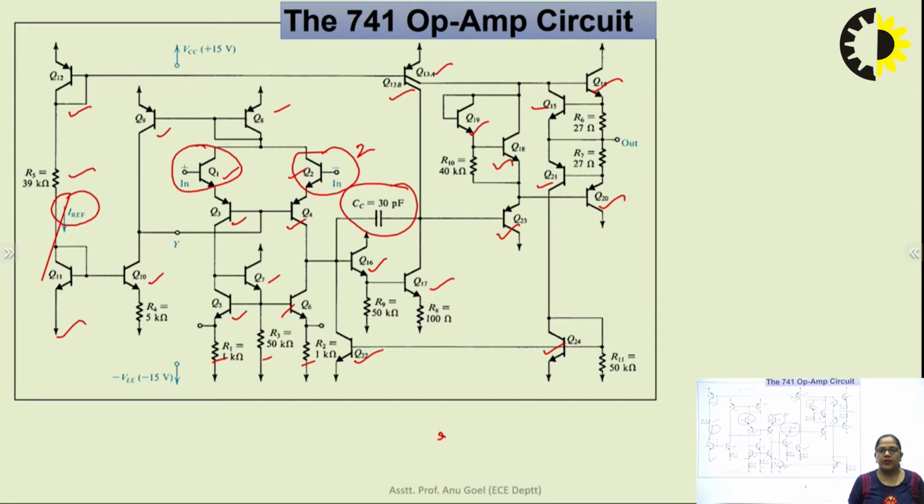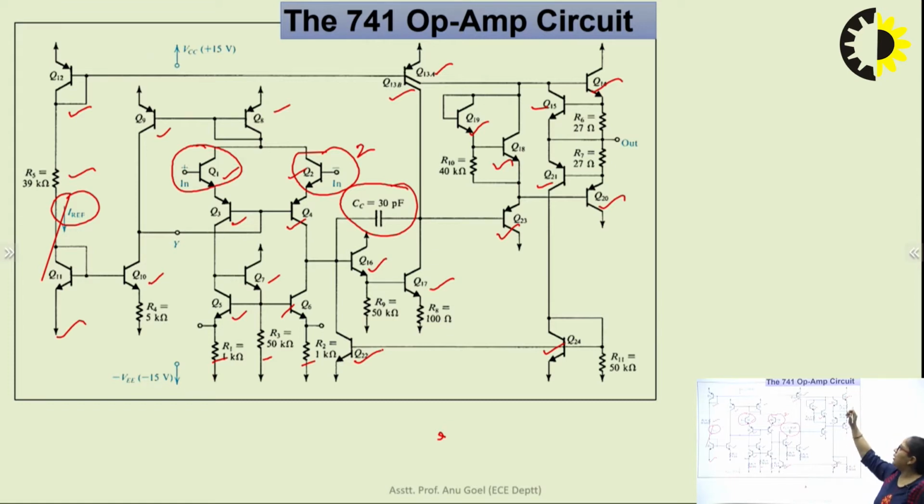What is short circuit protection circuitry? These 4 transistors normally remain off, they do not conduct. They conduct only in the event when there is a flow of large amount of current in the output stage, that is either through transistor number 14 or transistor number 20.